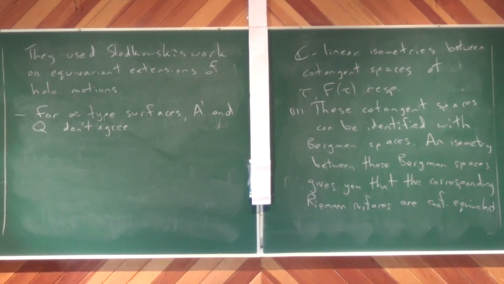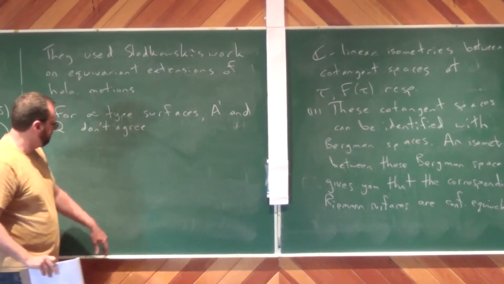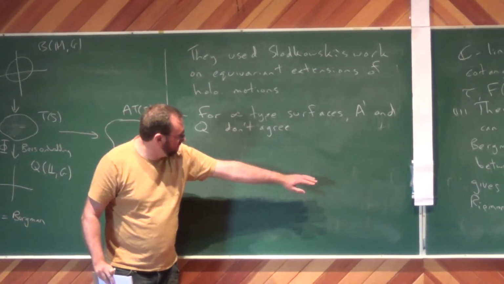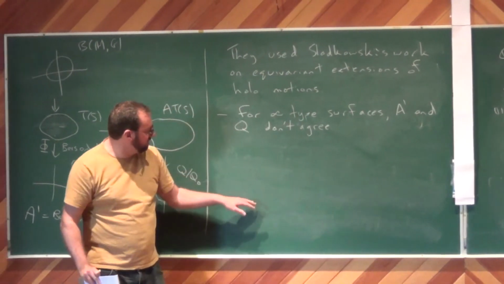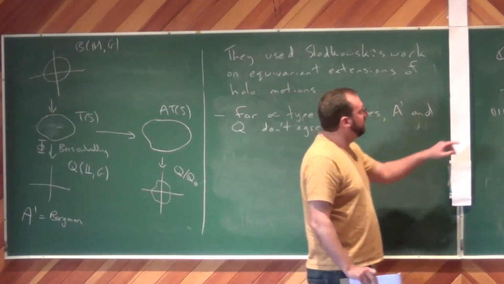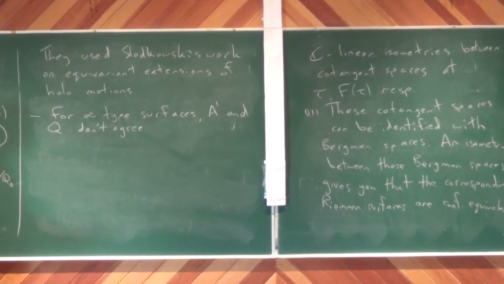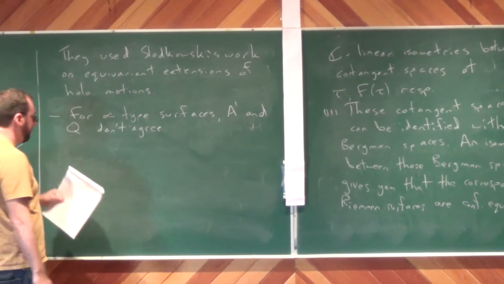So you have some holomorphic map which gives you, by the equality of the Kobayashi and Teichmüller metrics, an isometry between the tangent spaces, but then you want to pass to the cotangent space. And Earle and Gardiner did that.